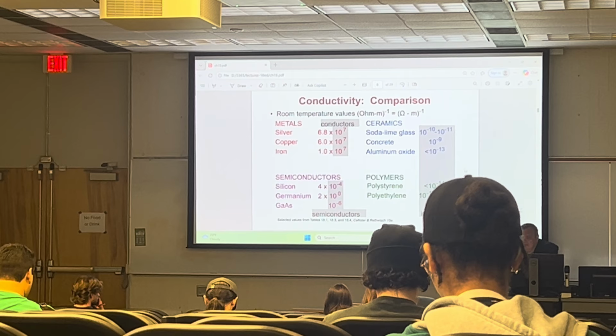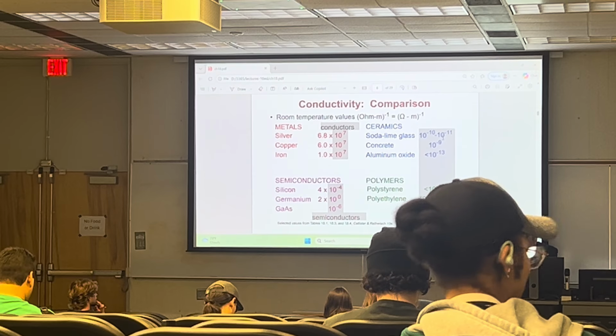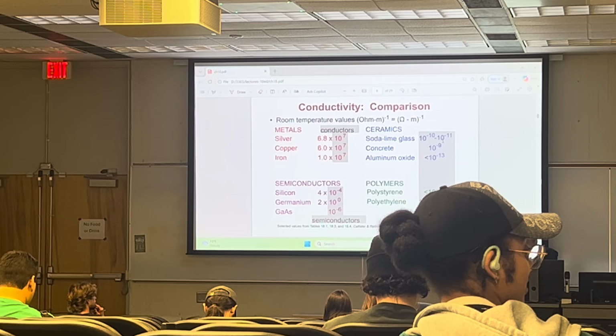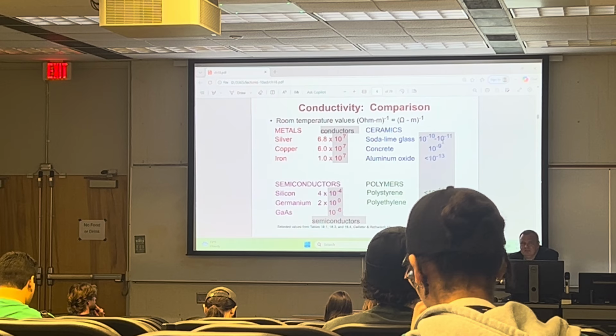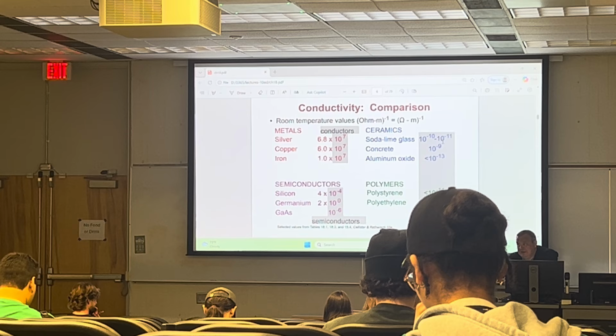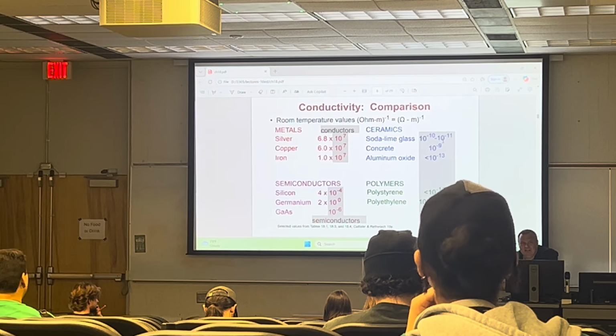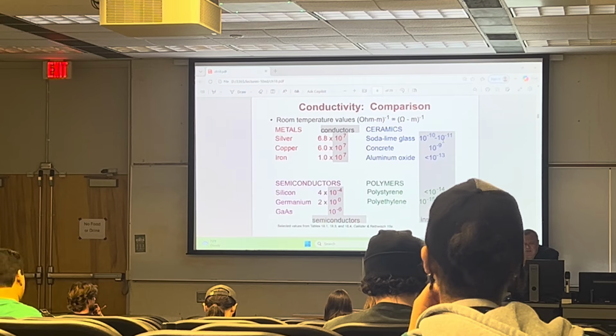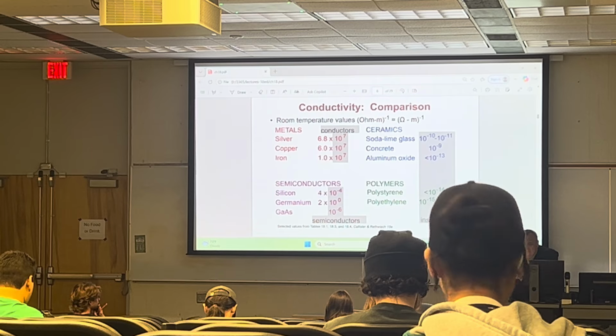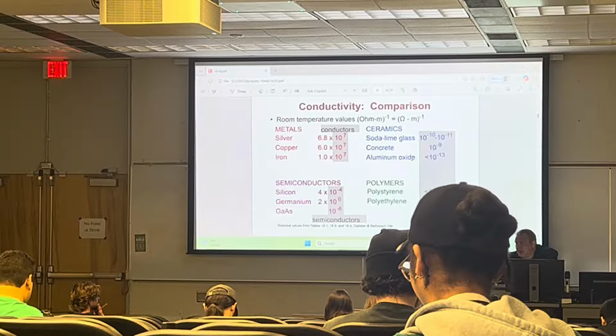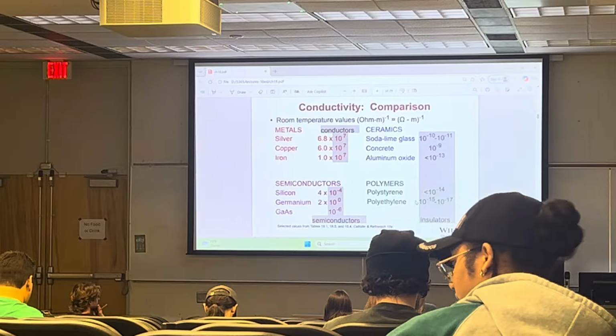Which means that these materials are doing what with electricity? They don't conduct. They don't conduct electricity, right? Does everybody see that? Okay, so metals are conductors, and ceramics and polymers are insulators.